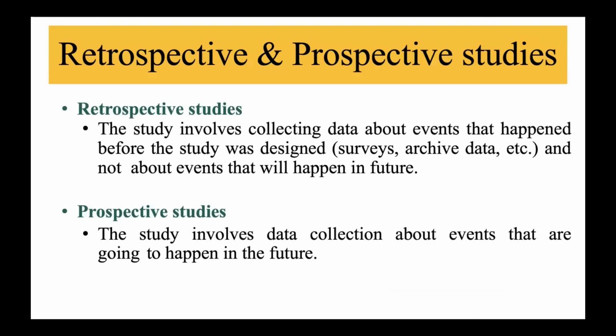The study involves collecting data about events that have happened before already. Suppose the COVID was in 2019 and you want to study the effect of COVID on the cardiovascular system, you will do a retrospective study.